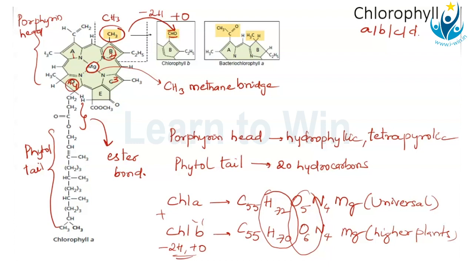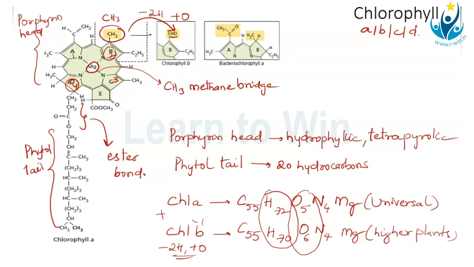This is a very important structural point that you should remember, because it can be asked as a logical question in your NEET, and a lot of other board examinations and other examinations throughout the world like SAT use these kinds of questions. What is the major structural difference between chlorophyll A and chlorophyll B?